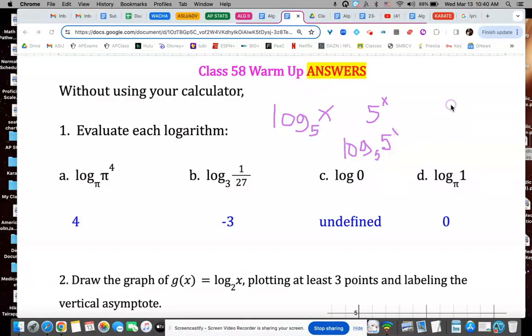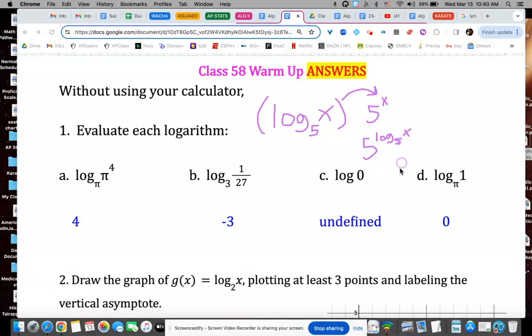And by the way, you can do this the other way, just like when we worked with other inverses. I can take all of this and stick it into that x. Ooh, 5 raised to the log base 5. This is harder to understand logically, but it's just to let you know it does work.